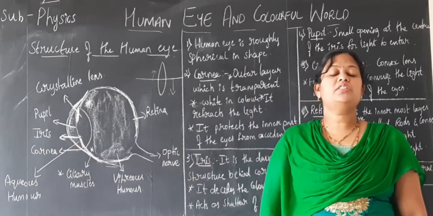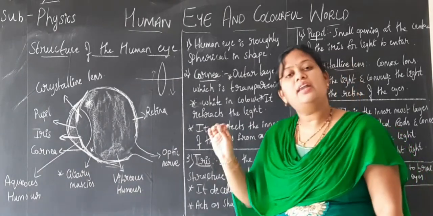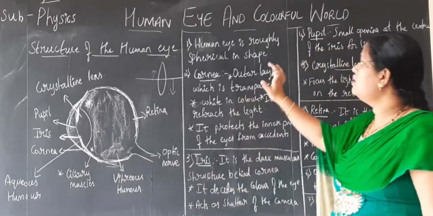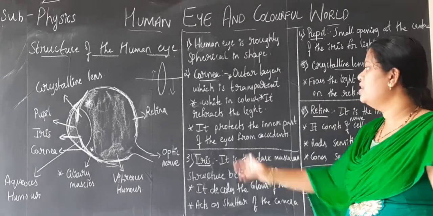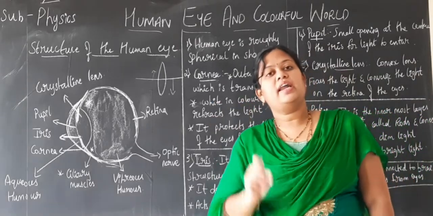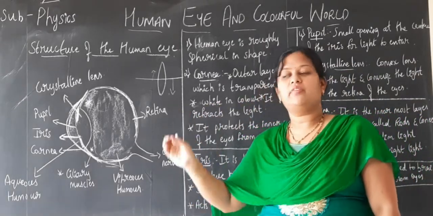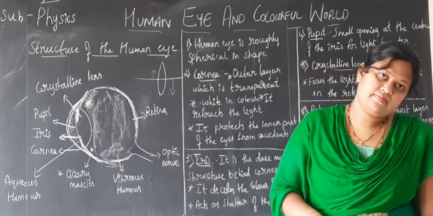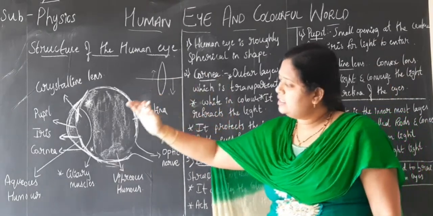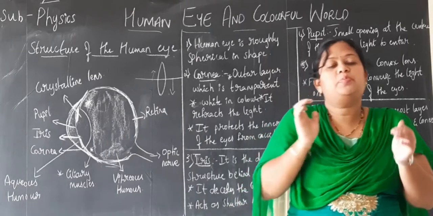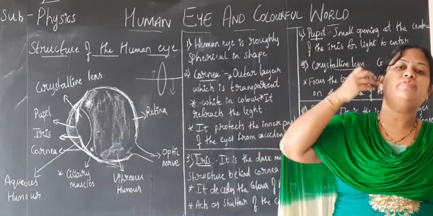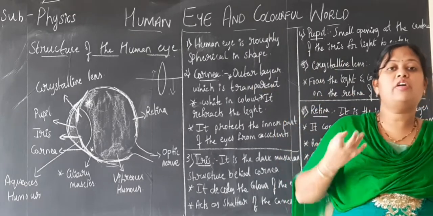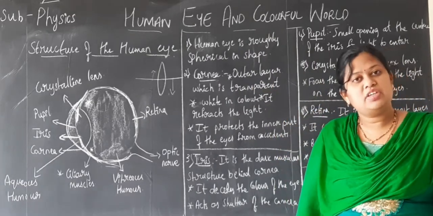It is a transparent thin layer, the outermost part of the eye, and it refracts the light which is entering the eyes from falling on any object. And as it is the outermost part of the eye, it protects the inner organs of the eye and also protects the eyes from any foreign particles or foreign bodies entering and in turn damaging the eye.